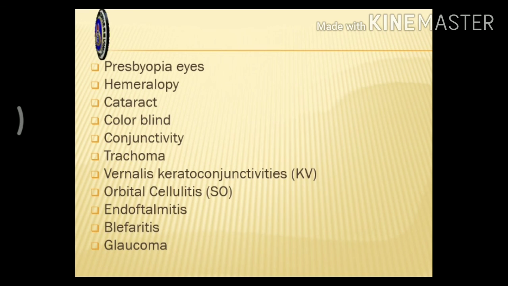Next, endophthalmitis. Endophthalmitis is a severe inflammation in the eyeball resulting in pus in the eyeball. Next, blepharitis. Blepharitis is subacute or chronic bilateral inflammation of the margin of the eyelid. Next, glaucoma.